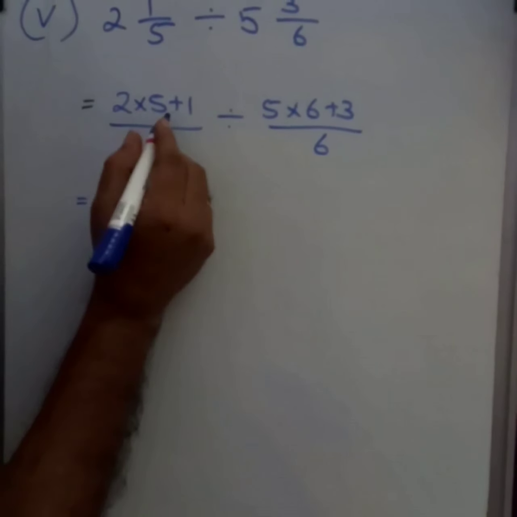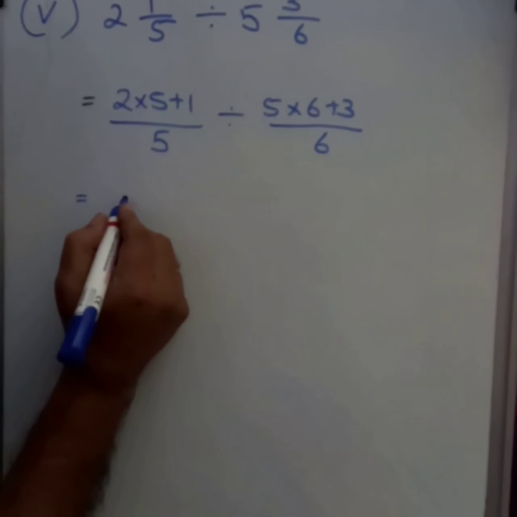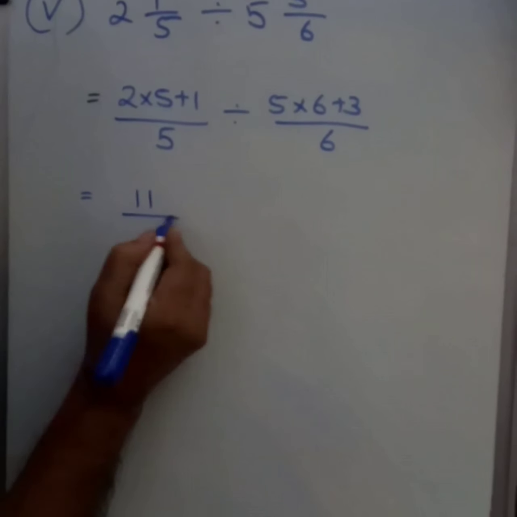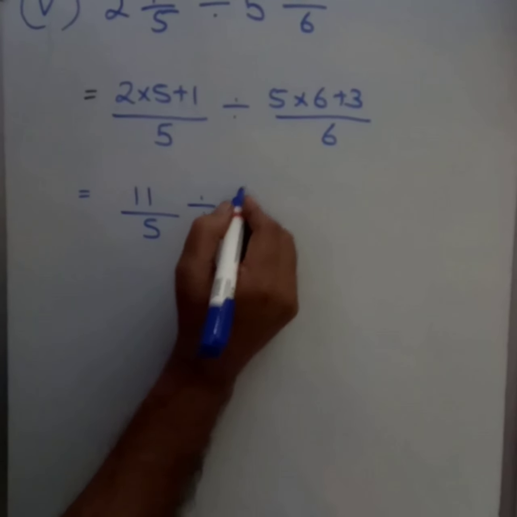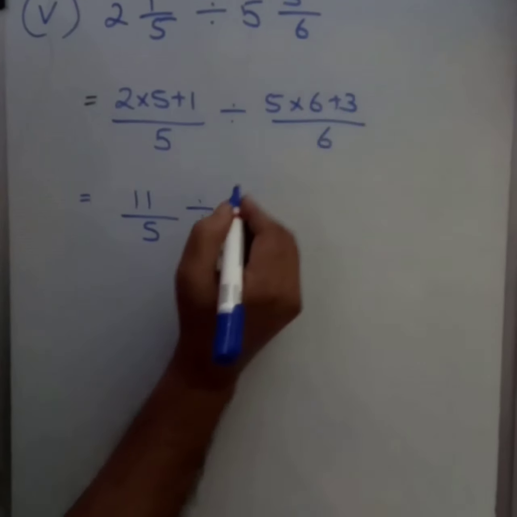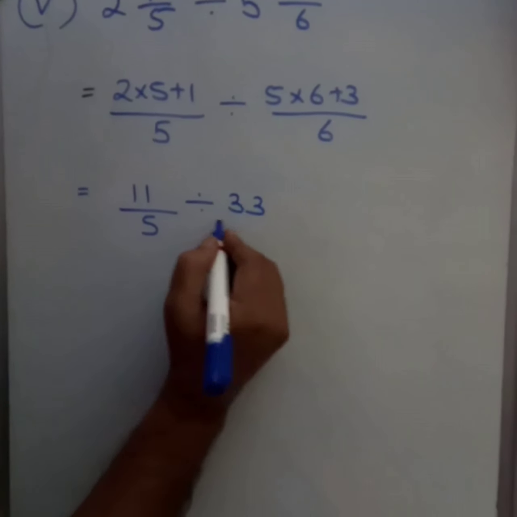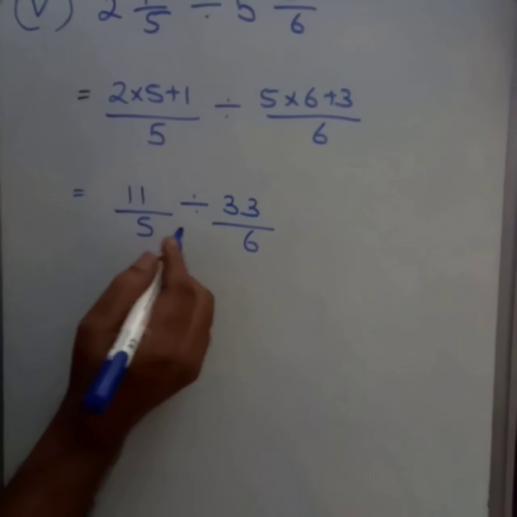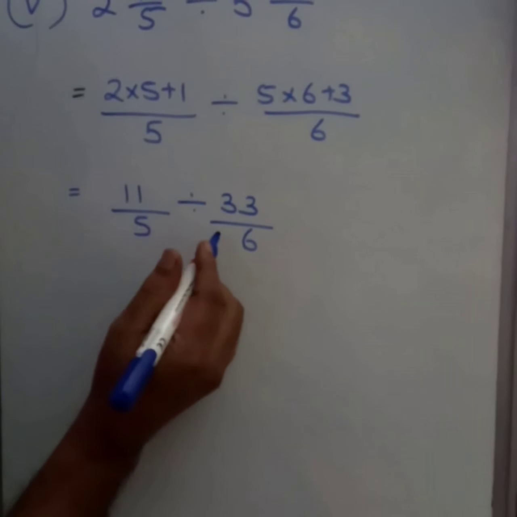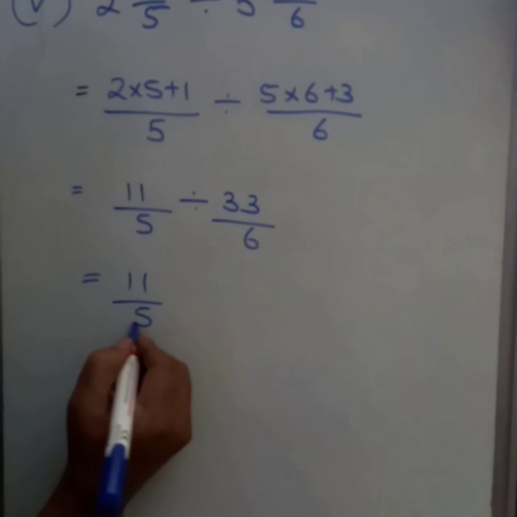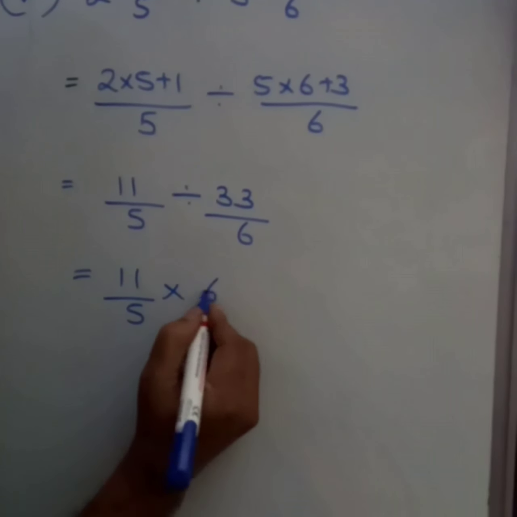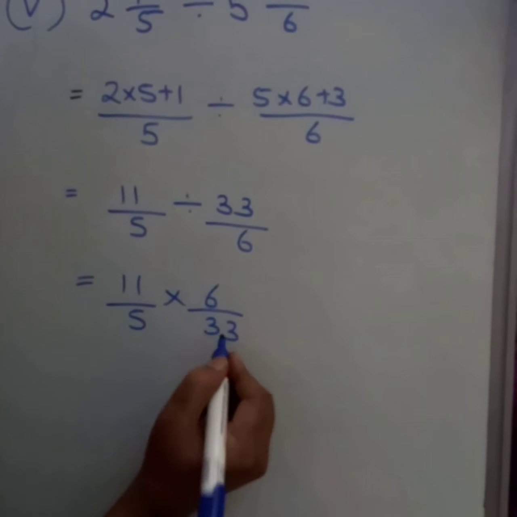So 2 fives are 10 plus 1, 11 upon 5 divided by 5 sixes are 30, 30 plus 3, 33 upon 6. Now it is a divide, so we are going to take the reciprocal. So it is 11 upon 5 and 6 upon 33.